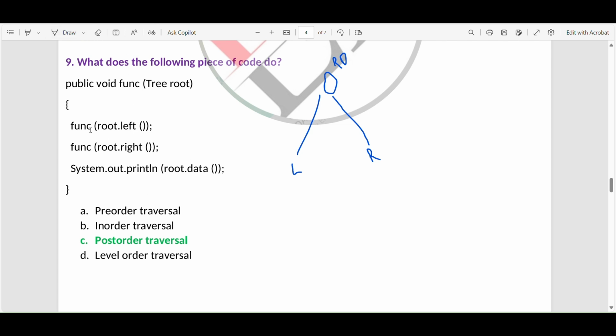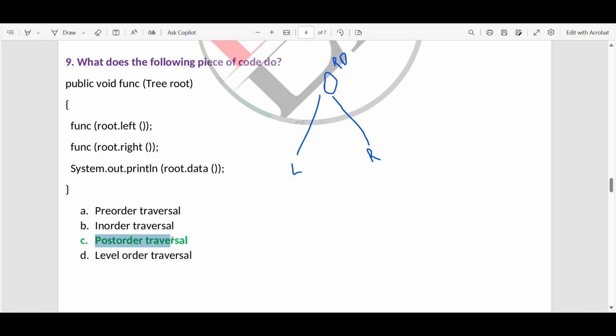So here, as you can see in this program, we are having root dot left, means the left one to the root, which is L, right? Means L will be coming first, and the root dot right, then R will be coming next, and root dot data, that means root will be coming last, means L R root. So this is a theoretical question.